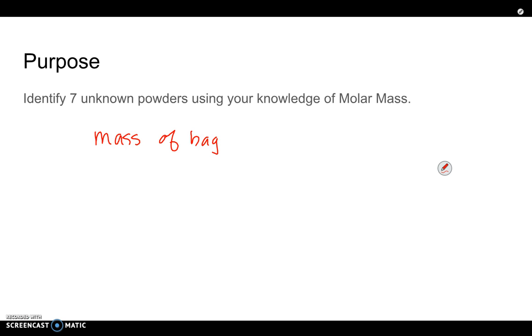So you're going to know the mass of the sample because you're going to weigh it on a scale, and you're going to know the number of moles because it says on the bag. And so right there you've got grams per mole, you've got your molar mass. So you'll be able to calculate that.